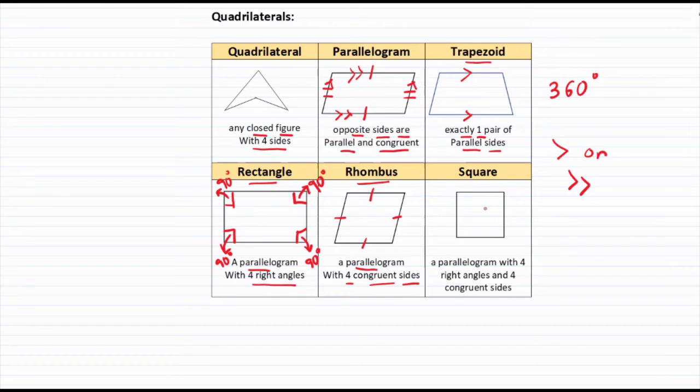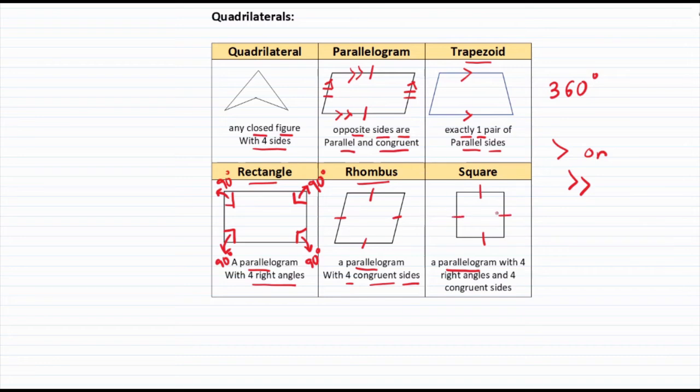And the last one is a square. A square is also a parallelogram with four right angles, 1, 2, 3, 4. All of them are of 90 degree measurement, and four congruent sides.